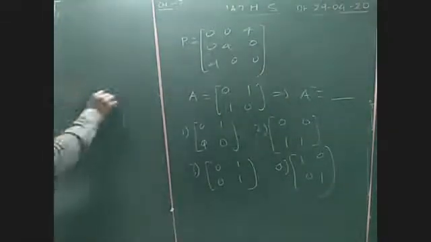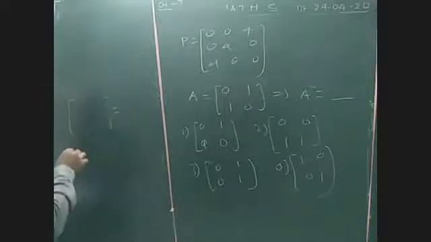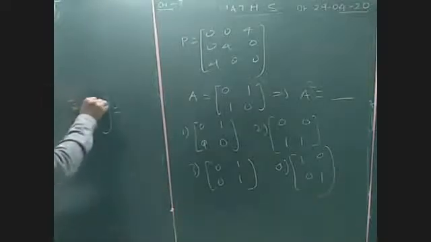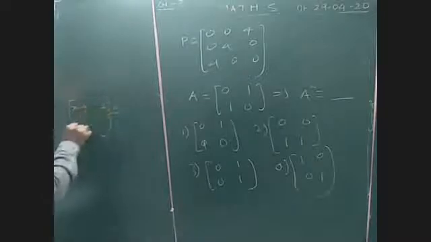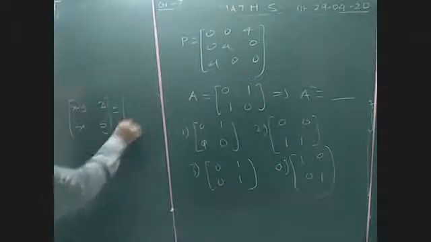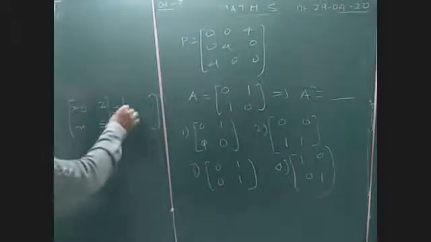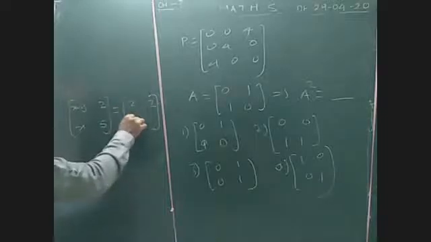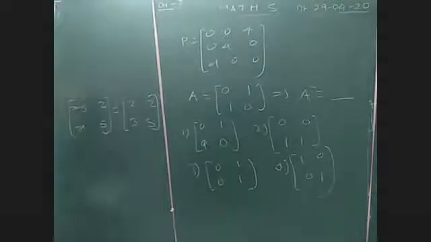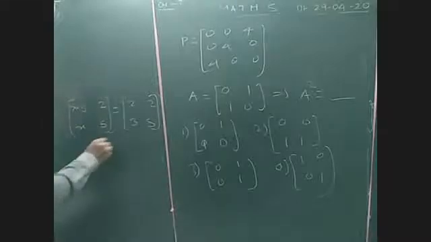For the remaining question, for example, x minus y, 2x, 5 is equal to 2, 3, 5. What is the x value and what is the y value? Here they are asking the value of y.